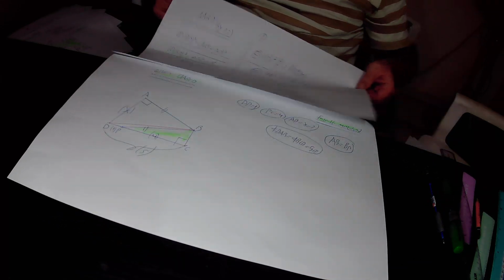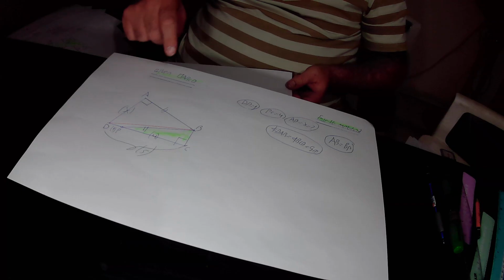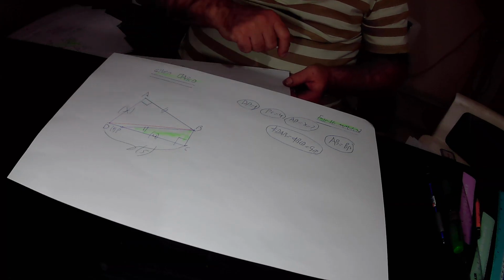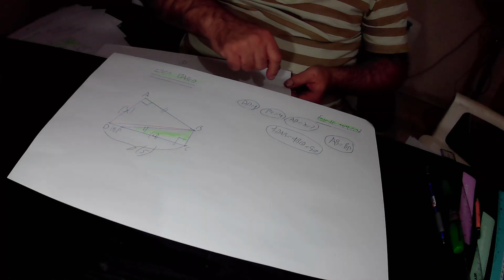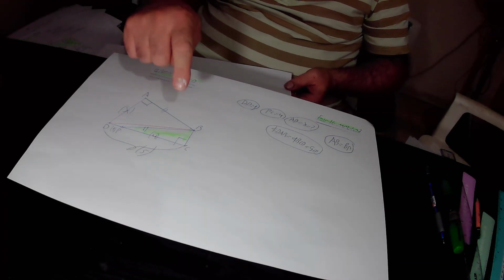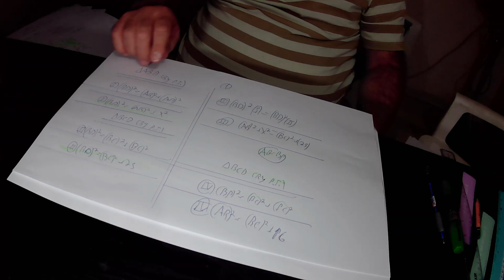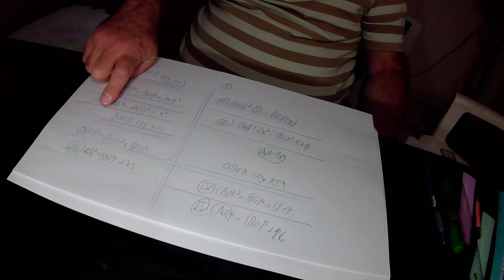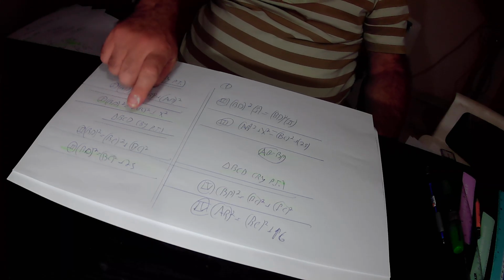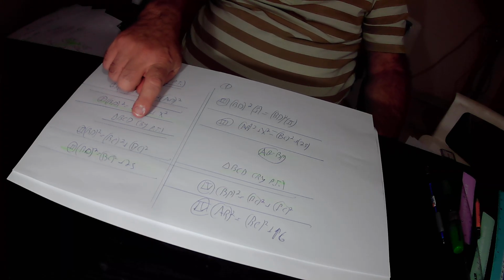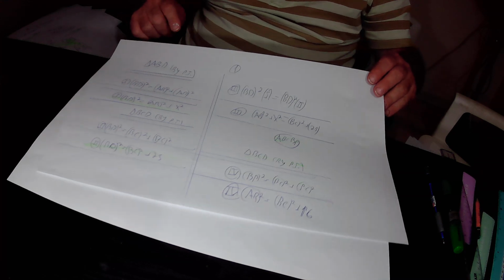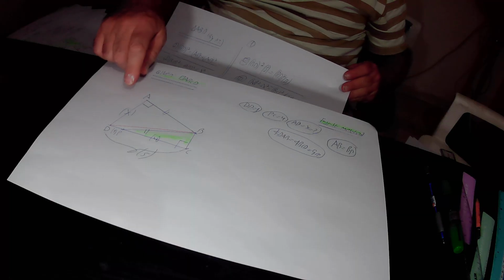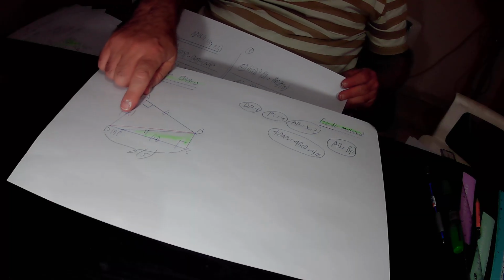In the next step, we apply the Pythagorean theorem on this right lower triangle DBC. DB squared, the square of the hypotenuse, equals BC squared plus DC squared. DB is the missing side, so leave it as it is.